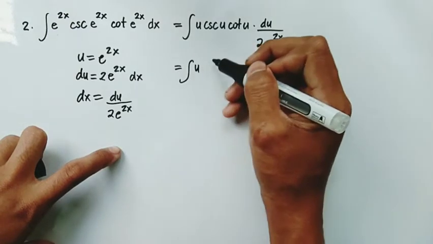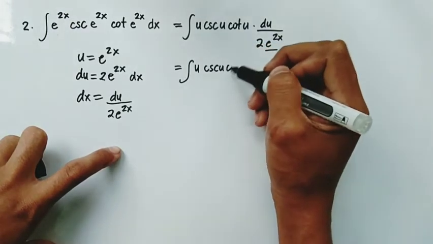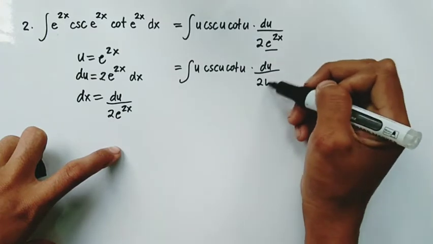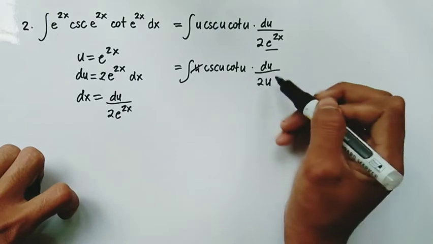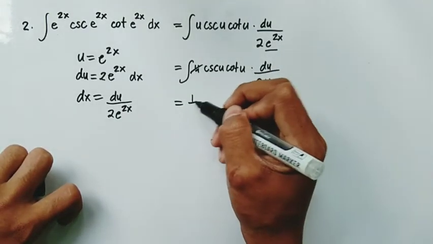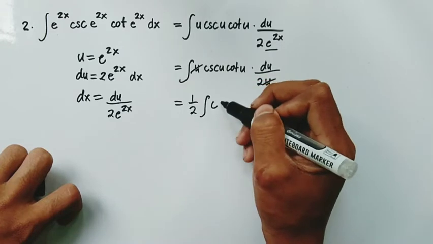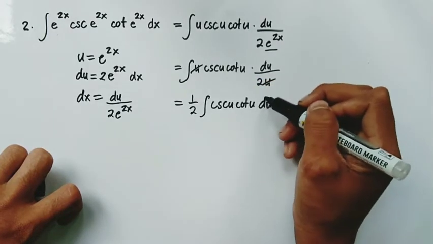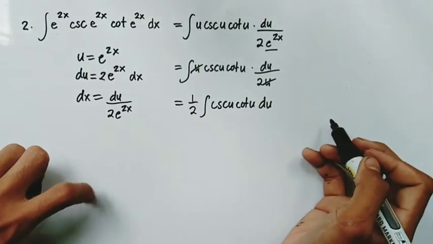So palitan natin, magiging u. Mapapansin natin na makakancel ito. And meron tayong over 2. Pwede natin siya ilabas kasi constant. 1/2 integral of cosecant u cotangent u du. Now, paano ito ma-integrate?